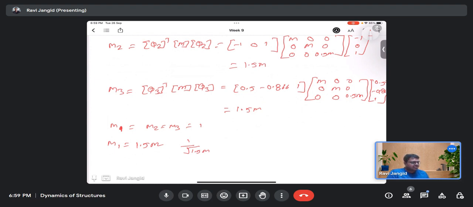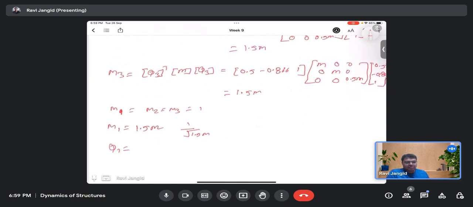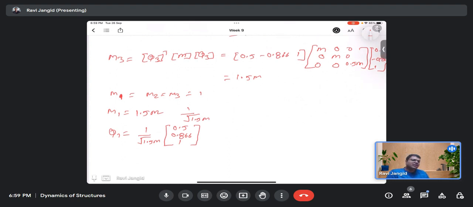Let us suppose phi 1 is giving this, divided by 1 over the square root of 1.5m, 0.5, 0.8661. So you can get me this phi 1. Similar thing would happen for phi 2 and phi 3, because we have the same.